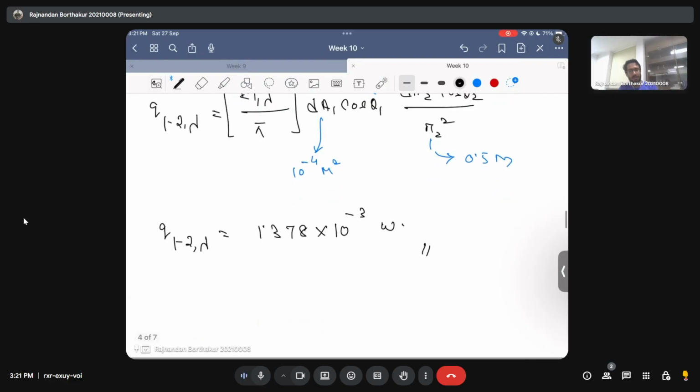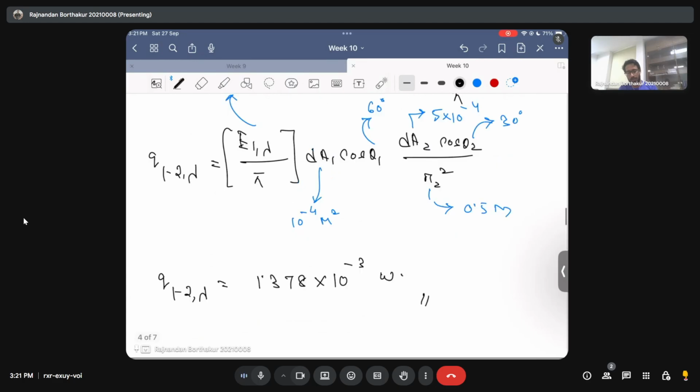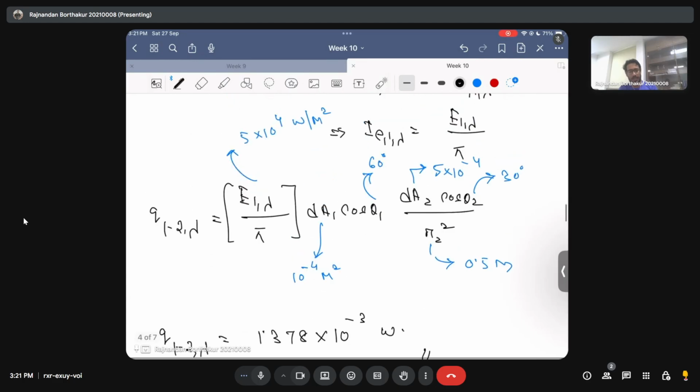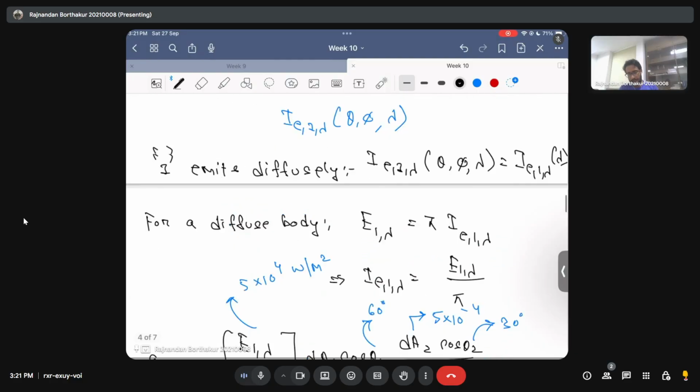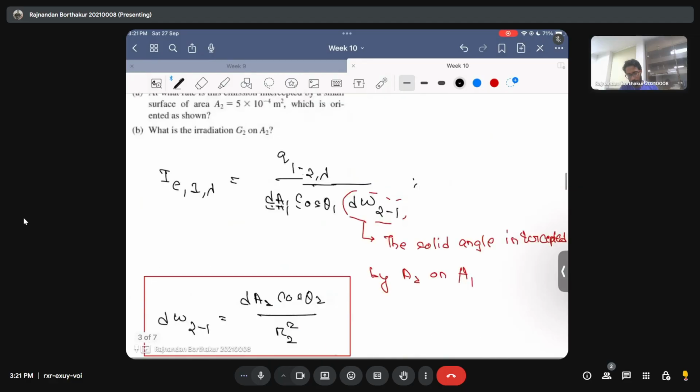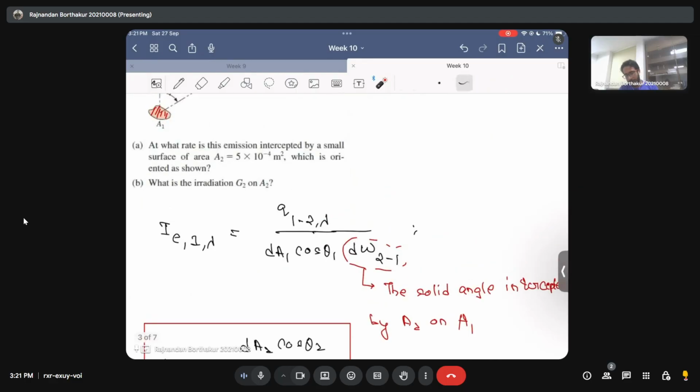That's the first part, and I hope you understood the calculation, the physical aspects, and the nuances of this question. In the second part, what they have asked you to evaluate is the irradiation G2 on A2, and that is rather simple.